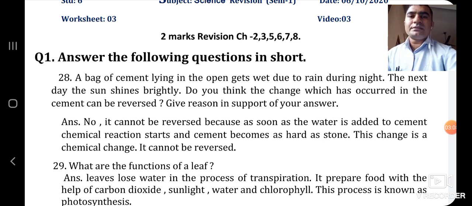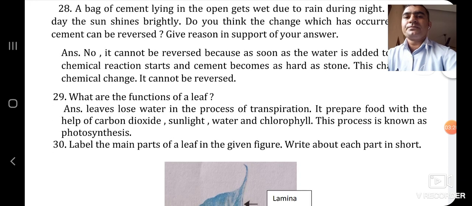Another function is that it prepares food with the help of carbon dioxide, sunlight, water and chlorophyll, and this process is known as photosynthesis. So these are the two main functions of a leaf.